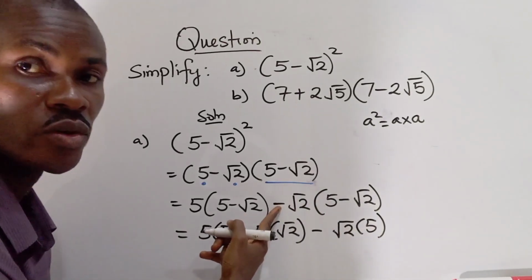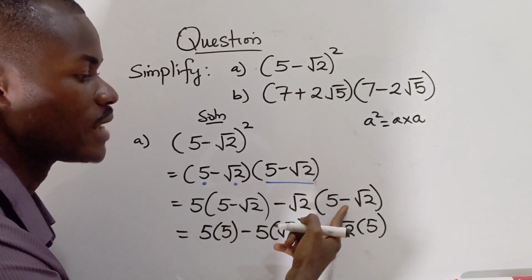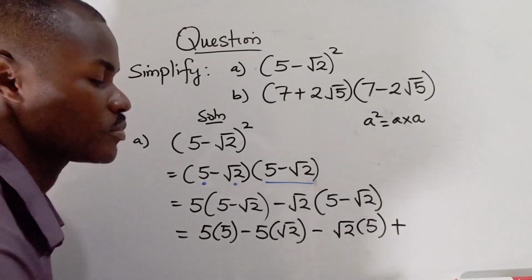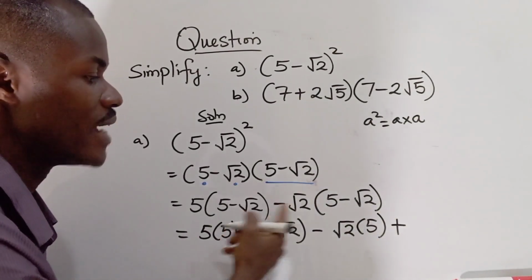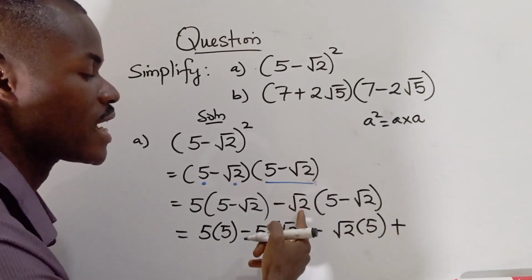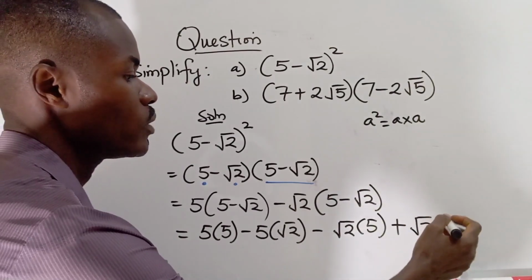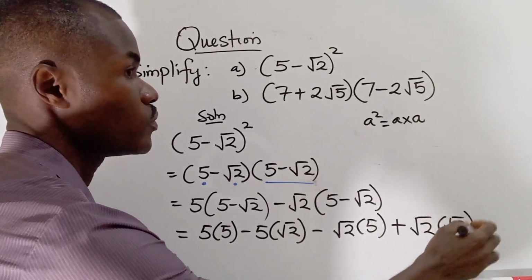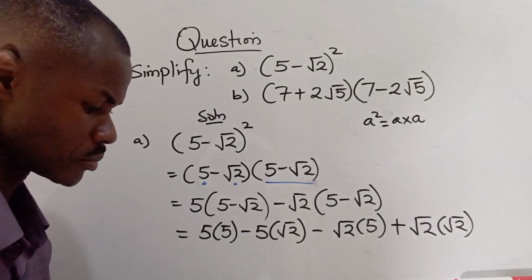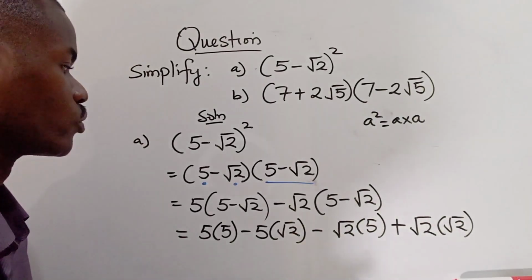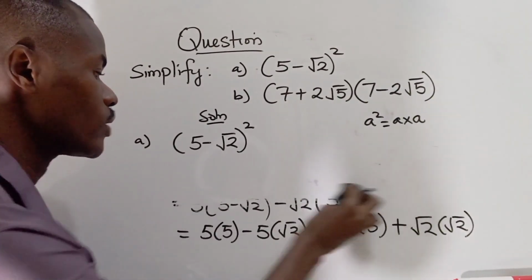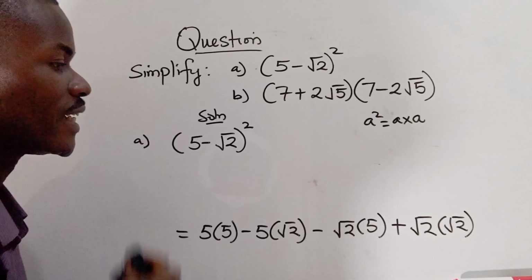Now here you are going to say minus multiply minus is plus, so take note of that. Now root 2 that is out here is going to multiply root 2. Okay.